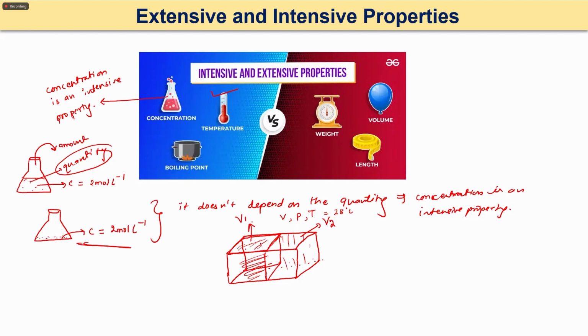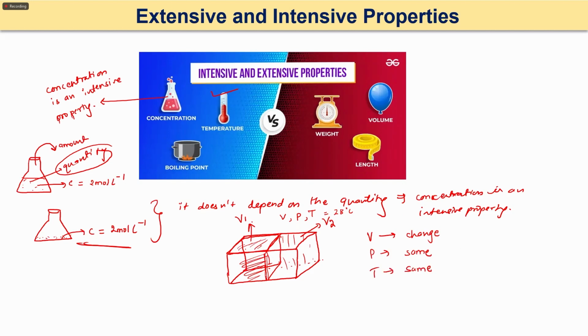Do you think after dividing it in two parts, the temperature of both rooms will be different? No, the temperature will also remain the same. So pressure will remain the same, and temperature is also remaining the same.